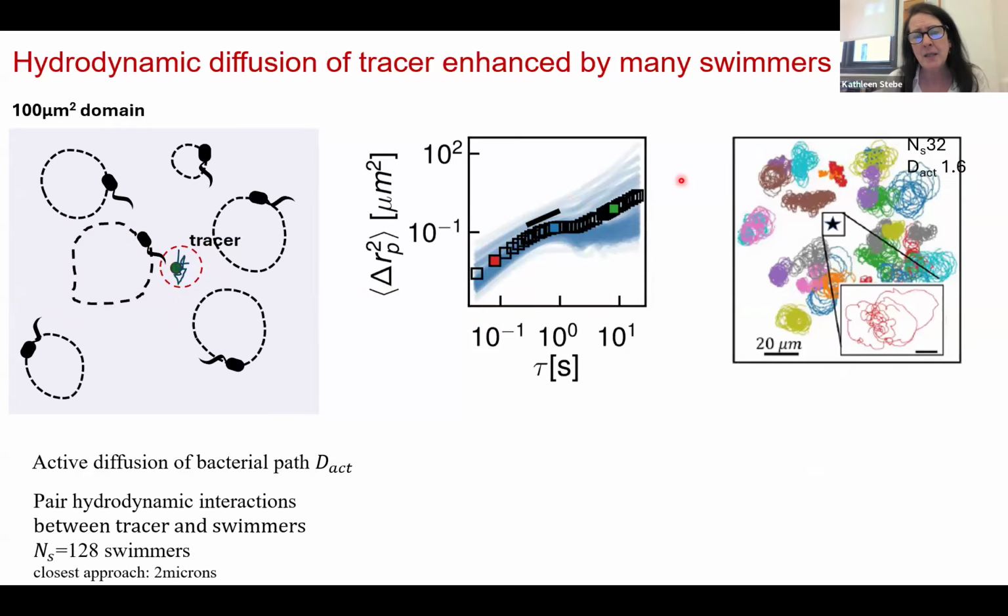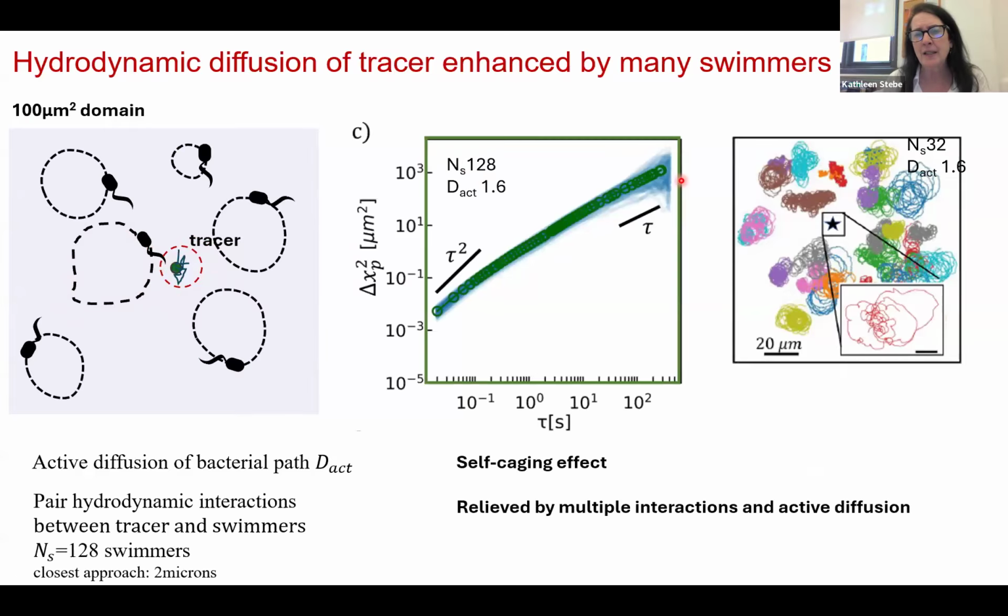As we increase the number of swimmers, we can eliminate this self-caging effect, and with strong active diffusion like that also generated by the swimmers, we can have first superdiffusive and diffusive displacements with a strong enhancement of the hydrodynamic diffusion of the tracer particles themselves, saying that there is mixing in the interface.